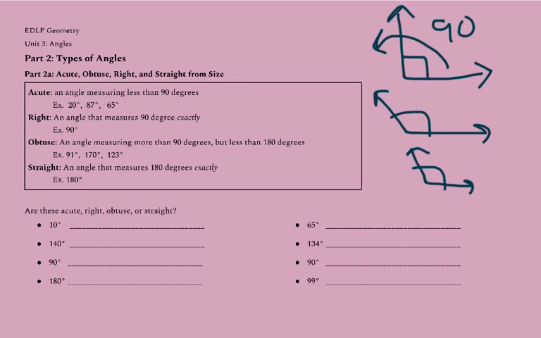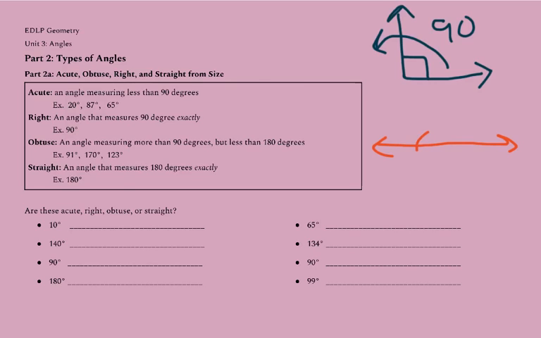So things like 91, 100, 150, 170, those are all obtuse angles up until we hit what's called a straight angle, which is named based on its look. It's essentially a straight line, but we're referencing the space in between the rays where they meet. This is 180 degrees. If it's exactly 180 degrees, it is a straight angle.